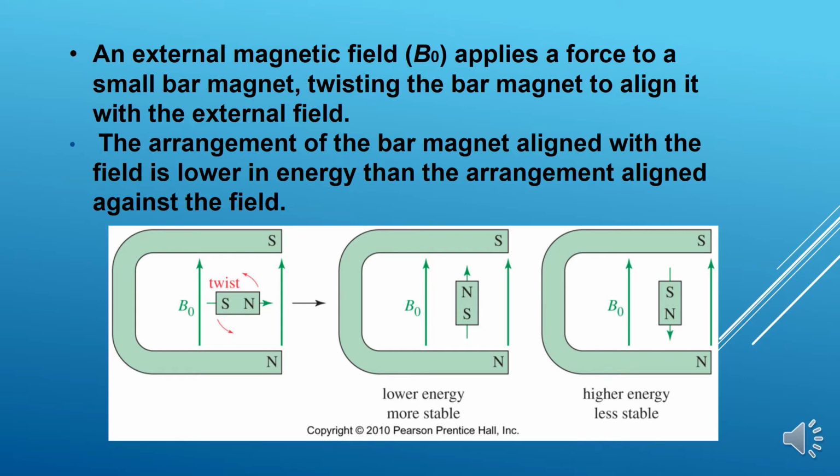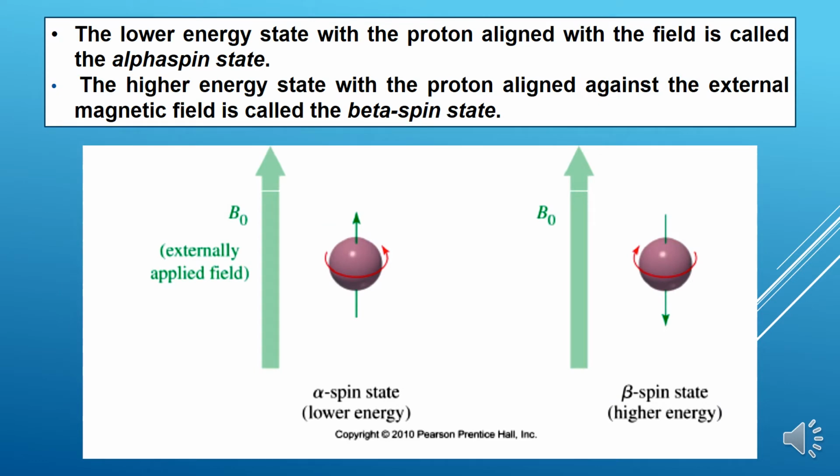Therefore, this will be the beta state. So the lower energy state, with the proton aligned with the field, is called the alpha state, like your bar magnet. The higher energy state has the proton aligned against the external field.